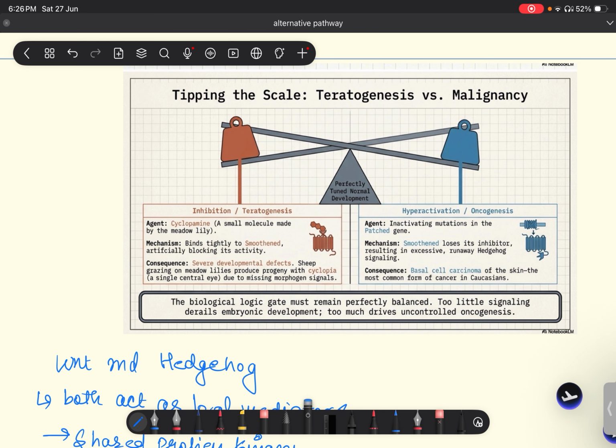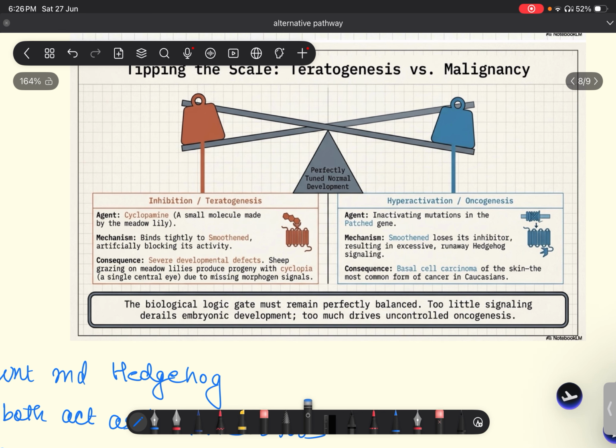Now, the next thing, what if there is hyperactivation? Suppose I inactivate the patched gene, right? So smoothened will be free. It won't be in inactive state. It won't be in the vesicle. Therefore, resulting in excess, there would be too much signaling.